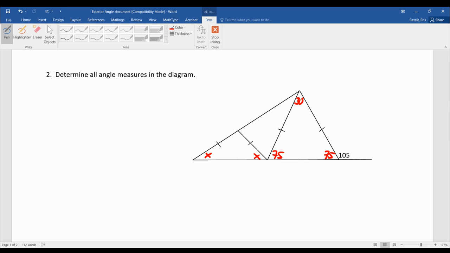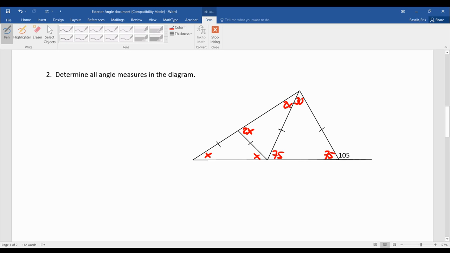Now, if this is x and that's x, this angle is exterior to this triangle. So this must be 2x. And then this triangle is isosceles, so this must be 2x.